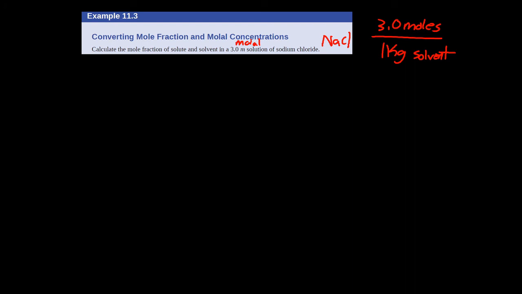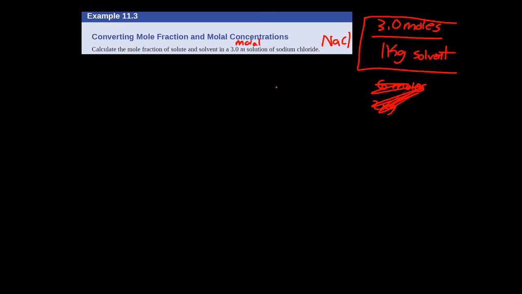So we're just going to set a value and say this is the solution that we have: a solution that has 1 kilogram of solvent and 3 moles of solute, because that'll just make it easier for us. We could just as easily have said we have a solution where there's 6 moles and 2 kilograms, but why would we do that? As long as the molality stays true, we could have any overall size of solution.